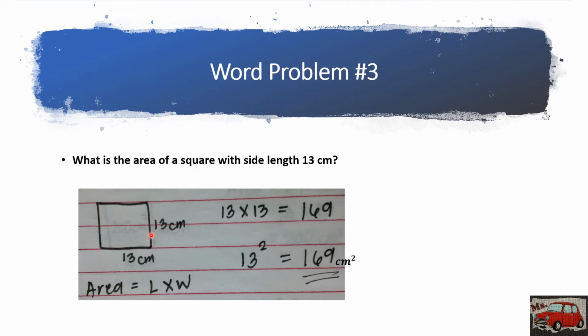So, yung length niya is 13 cm and yung width niya is 13 cm. So, if we will multiply the length and the width, so ganito lang yung magiging itsura niya. 13 times 13. Eh, di ba kapag nag-multiply naman tayo ng same na number, ng dalawang beses, we can just use the exponent 2.